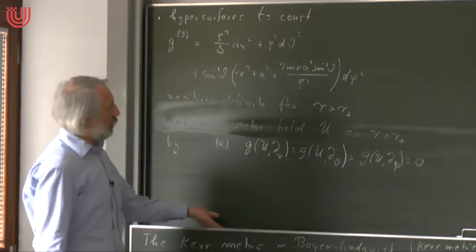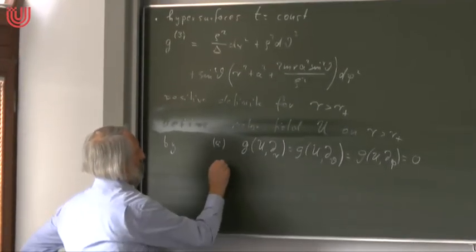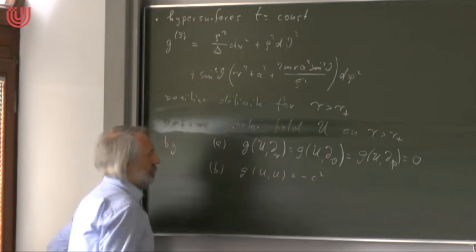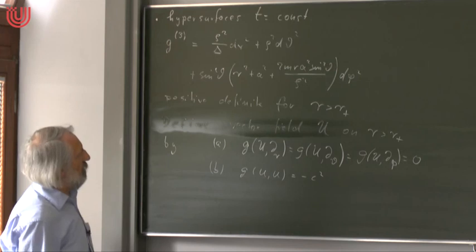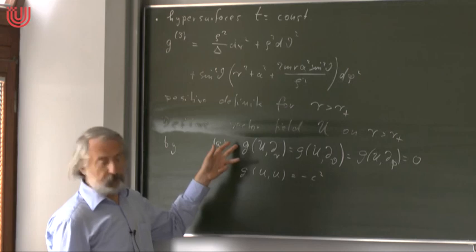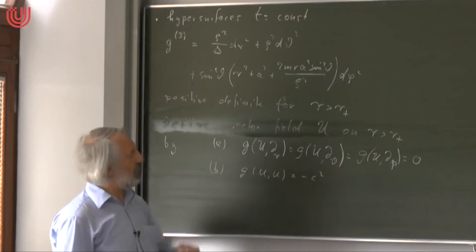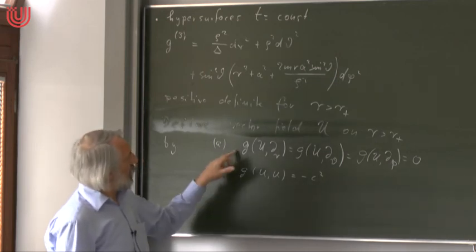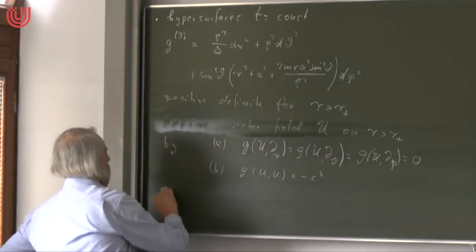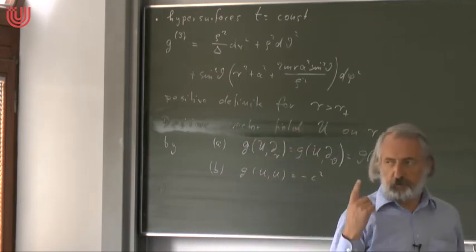This means the vector field U is perpendicular to the hypersurface t equal constant. And the second property, g(U, U) is minus c squared. So the first condition defines a vector field which is indeed time-like, because the hypersurface t equal constant is space-like, so what is perpendicular to this hypersurface must be time-like. And I can normalize it by this condition. So this gives a distinguished time-like vector field outside of the horizon, which is time-like everywhere.